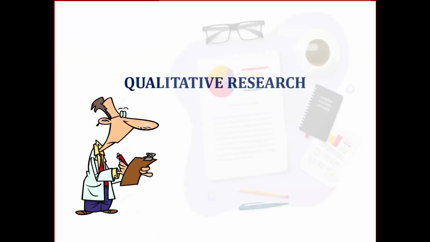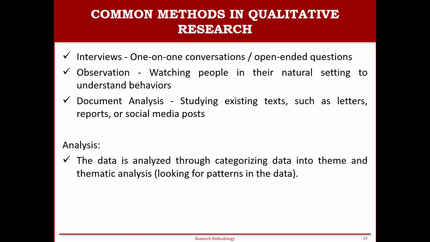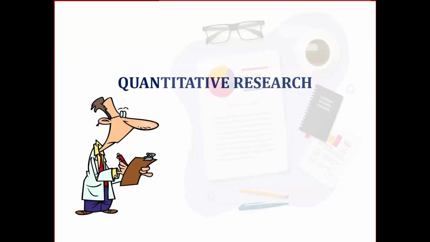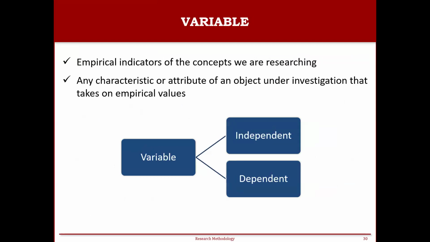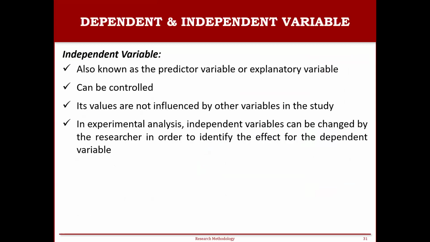And then we discussed qualitative research and the data analysis part: how we can collect the data, how we can analyze the data, and what type of documents we can analyze. Moving on to the quantitative study, we mainly identified different types of variables, including independent and dependent variables.